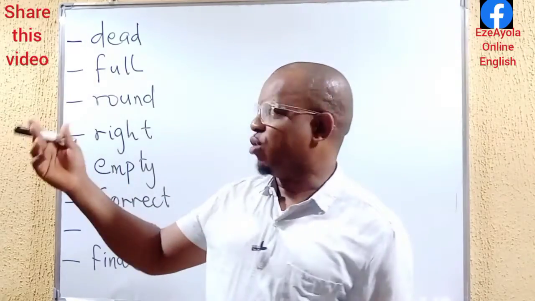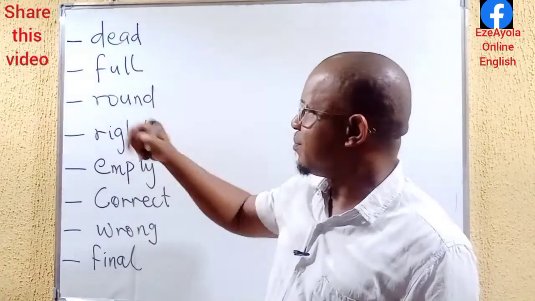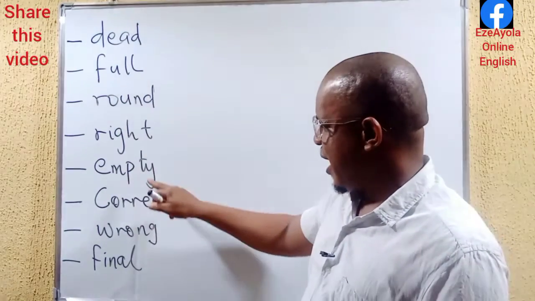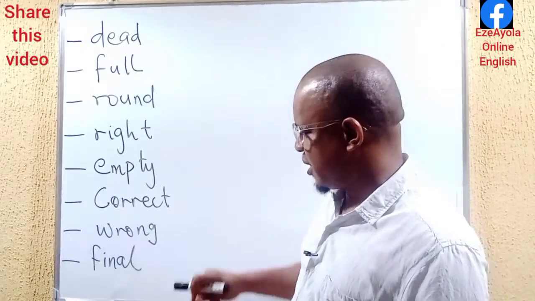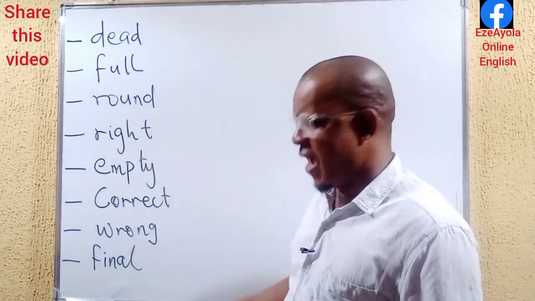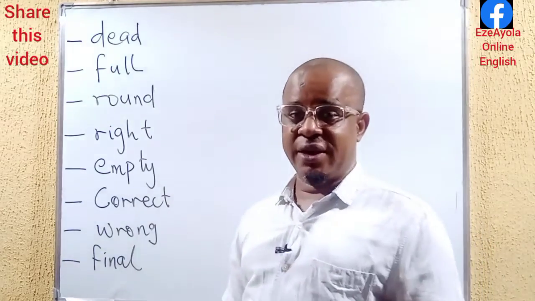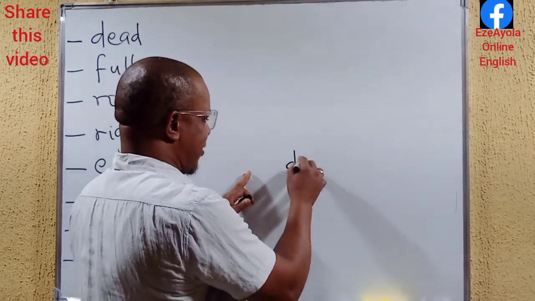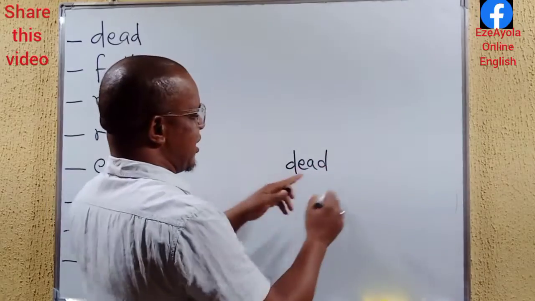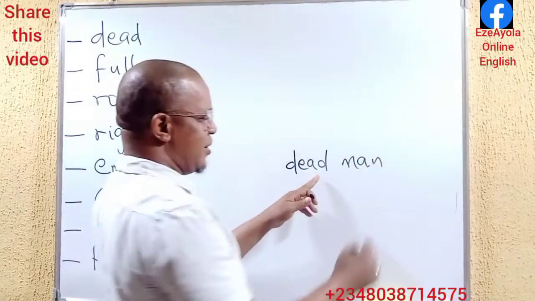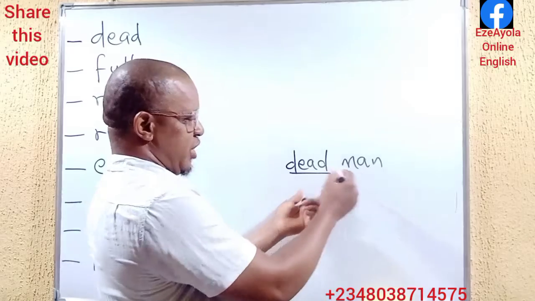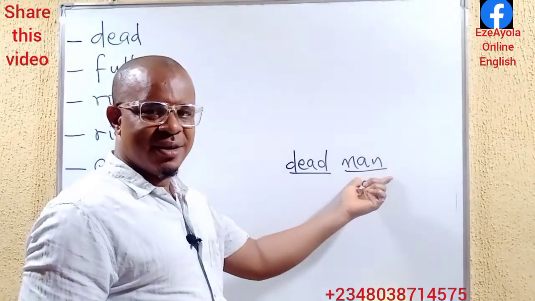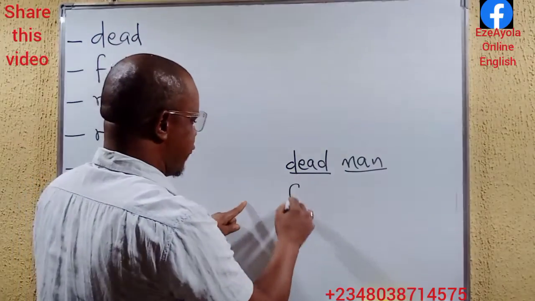However, words like dead, full, round, right, empty, correct, wrong, final, could be seen as adjectives. Like when we say dead man, dead is of course an adjective describing the man, okay?